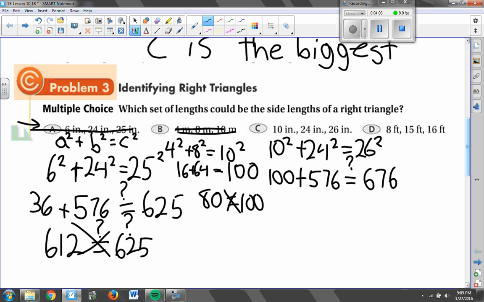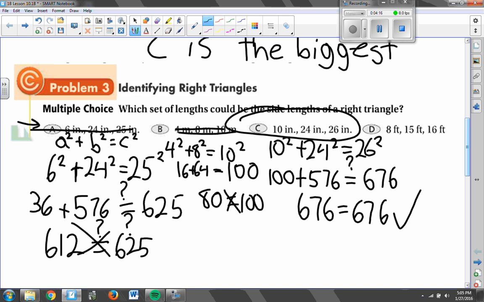Are those two equal to each other? 100 plus 576 does equal 676. Yep, that is a right triangle right there. Because these three numbers worked in the Pythagorean theorem. They made it true. They made it equal. They made it work. If we tried D, that would not work either.